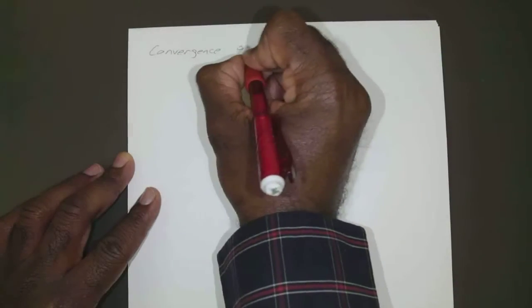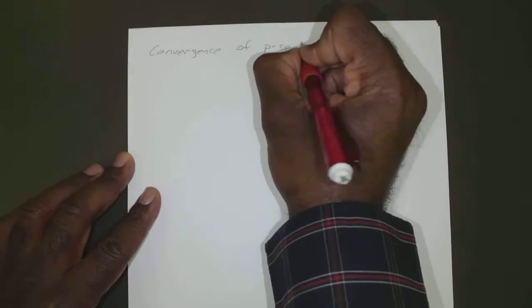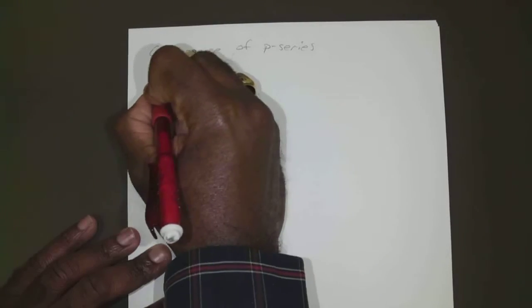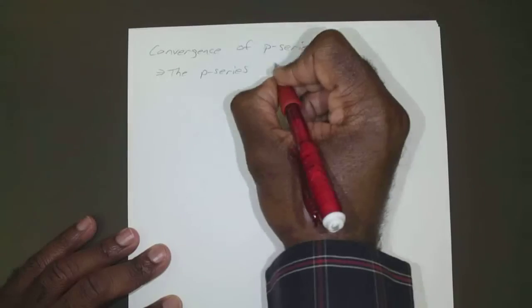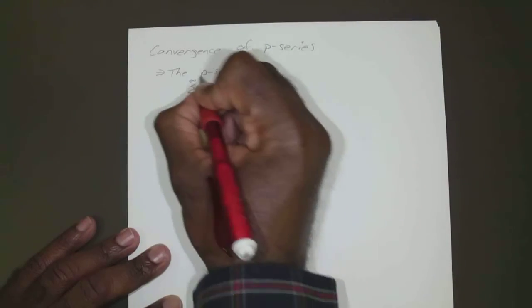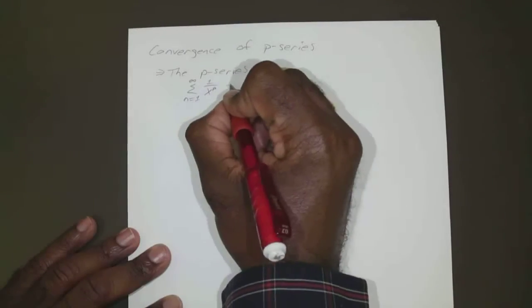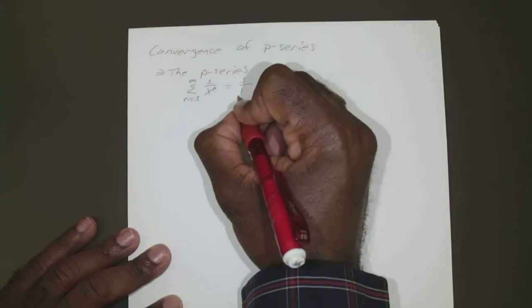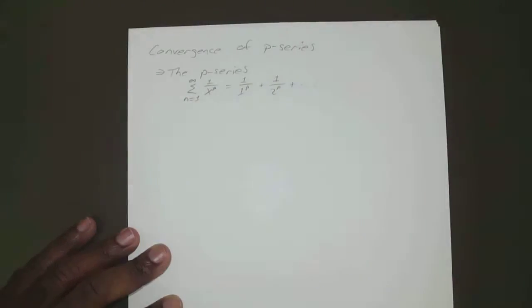So the convergence of a p-series. Okay, so we know that the p-series, the sum from n equals 1 to infinity of 1 over n to the power of p, which we know is 1 over 1 to the p plus 1 over 2 to the p, and so forth and so on.